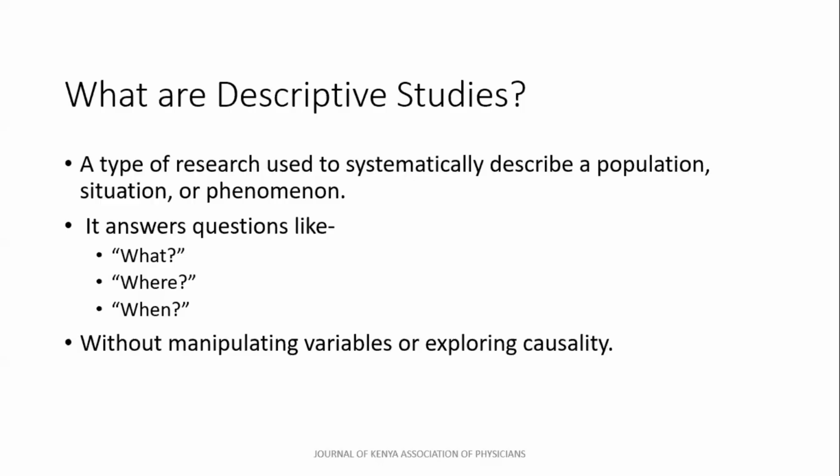The prevalence of hypertension, where, Kenya, when, in a certain period of time. And so we're just saying, for example, 30% of Kenyans were found to have blood pressures within a certain range. So we do not really manipulate variables. We're just trying to describe whatever the data collected or the population of interest, whatever its characteristics are.